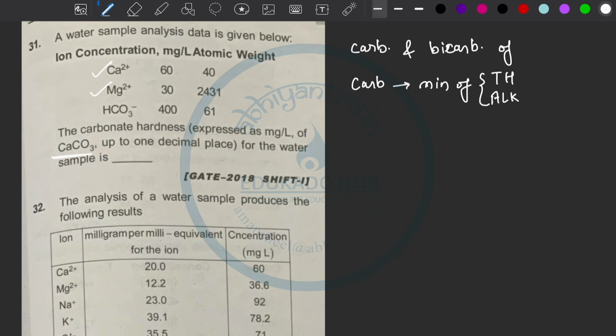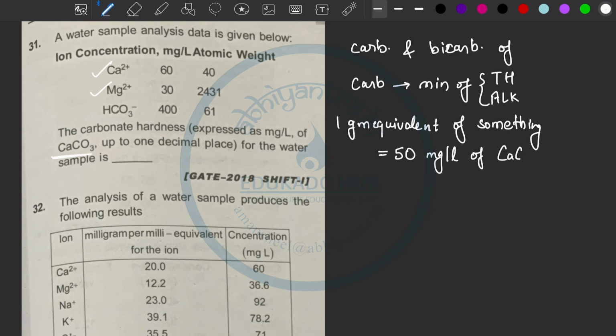So we should know that 1 gram equivalent of something, of anything you can say, is equal to 50 milligram per liter of CaCO3.